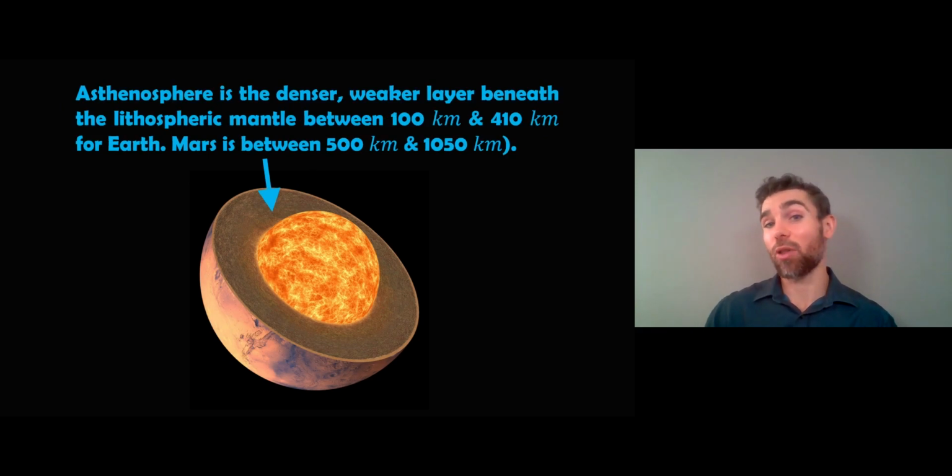And then the other part that behaves more like a liquid is a weaker layer below this one, and it's in the mantle between about 100 and 410 kilometers for Earth. Mars is about 500 to just over 1,000 kilometers, and that's down to size and the differences in pressure. A smaller planet is not going to have such high pressures inside, so depths can change and things like that.